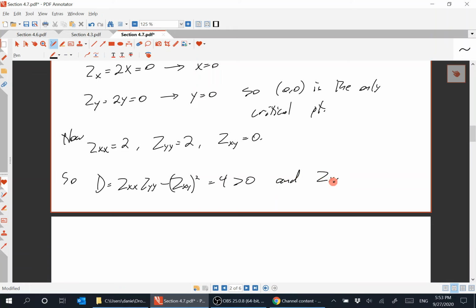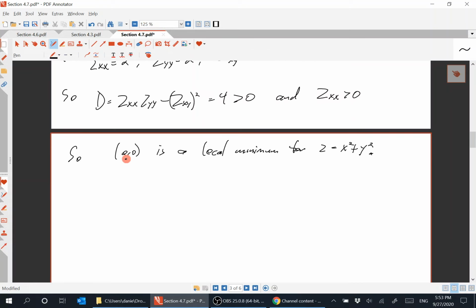And zxx is positive. So (0,0) is a local minimum for z equal to x squared plus y squared. It's actually a global minimum, but we see that it's a local minimum there.